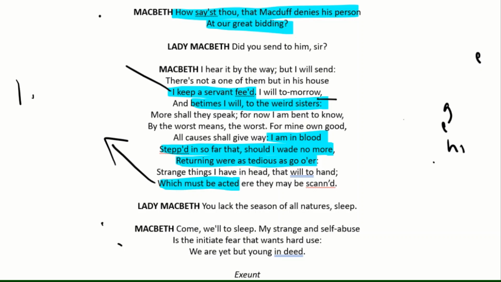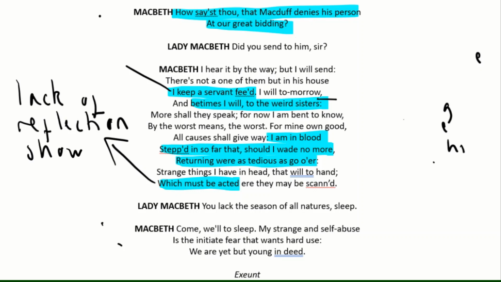This shows a lack of reflection. Before, he would reflect on the reasons for killing Duncan, but now he says we must act. Lack of reflection shows his transgression changing.